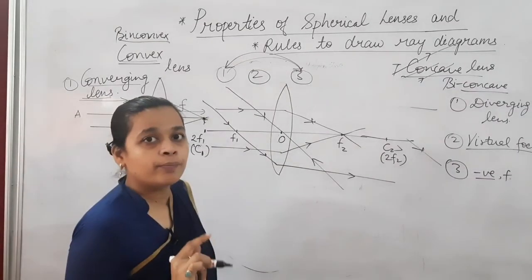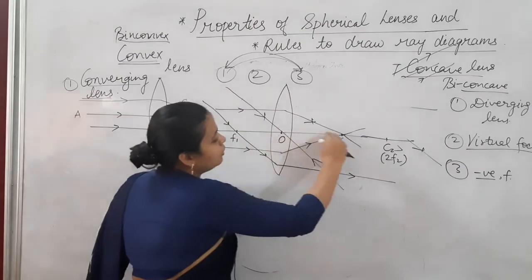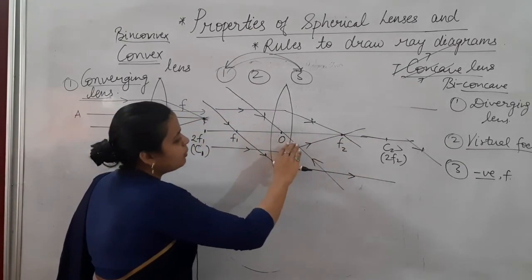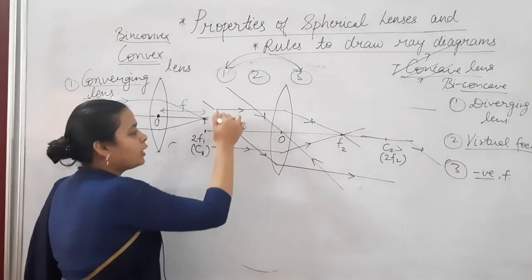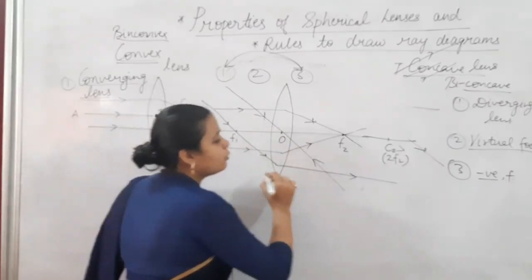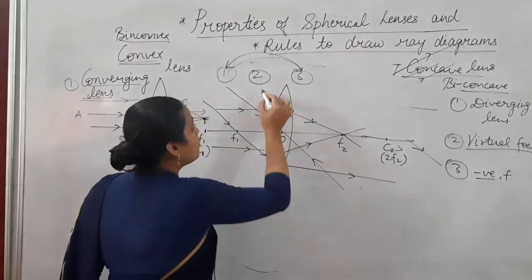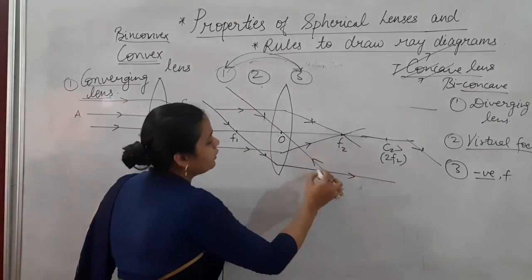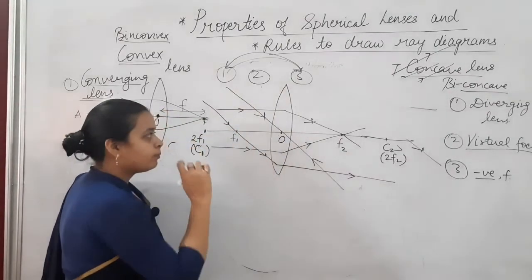In rule number 1, light ray will be parallel to the principal axis and will pass through focus. In rule number 3, if light ray will pass through focus, it will be parallel to the principal axis after refraction. Rule number 2 is, if any light ray will pass through optical center, it will retrace its path back, means it will move from optical center only.